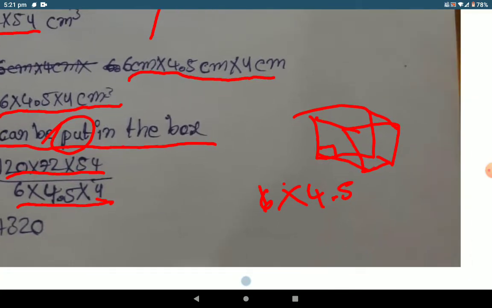So that is why we are dividing the volume of this cardboard box by the volume of each soap. So we get how many soaps we can keep in the box.